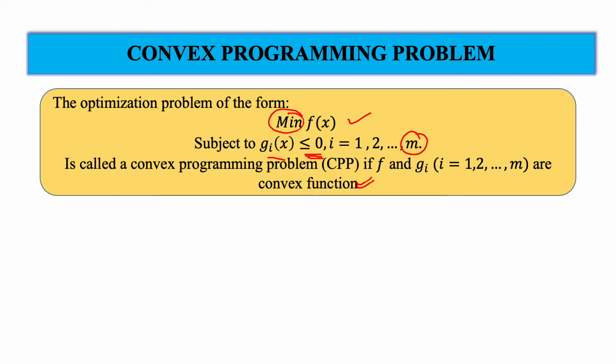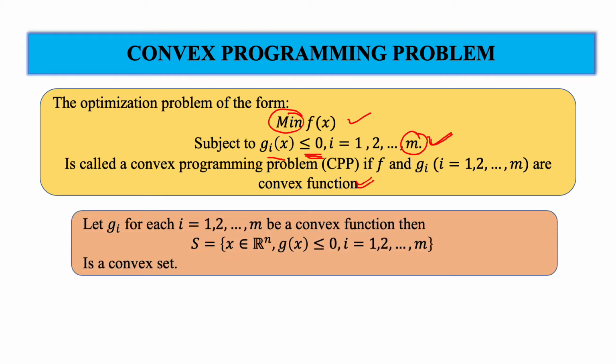Now if gi for each i from 1 to m is a convex function, then the set of constraints is a convex set. Let us see what this set is. The set S is nothing but all the x belonging to Rn such that gi(x) is less than or equal to 0 for all i from 1 to m.